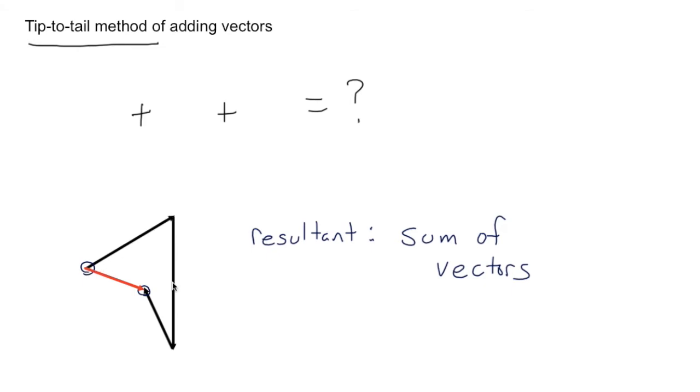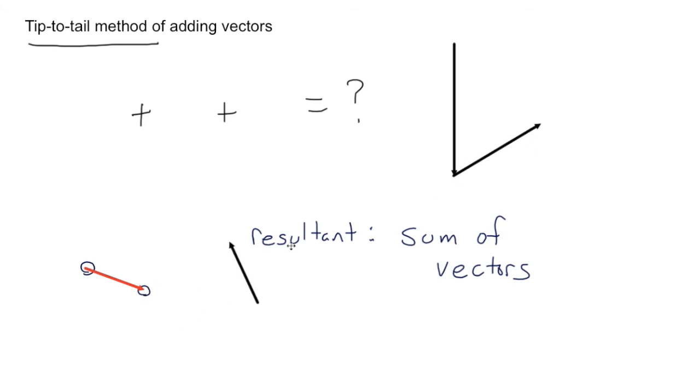If I start with this one, and then this one, and then this one, I'll get the same thing if I switch it up. So if I start with this arrow, I'll put it over here, and then I add to it this arrow by connecting its tail to the previous one's tip. And then I add to it this arrow by connecting its tail to the previous one's tip.